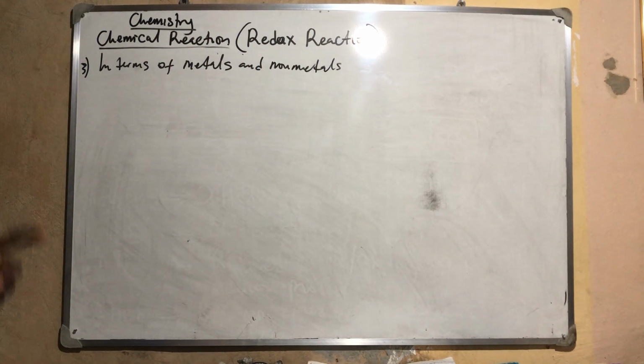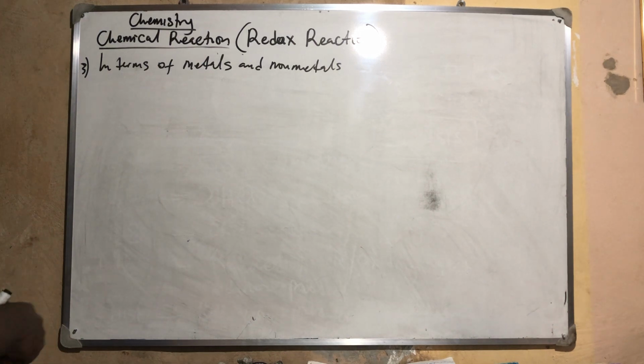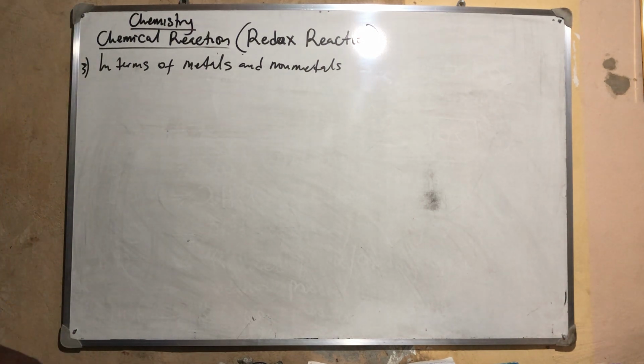Oxidation is defined as the addition of non-metal and the removal of metal, while reduction is the addition of metal and removal of non-metal. Please take note of that. If you can remember, oxidation is the removal of metal, while reduction is the removal of non-metal.